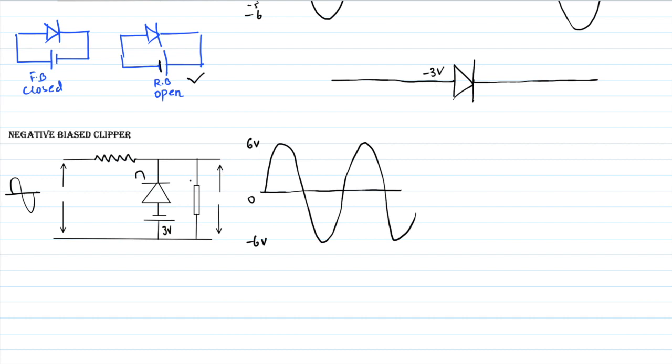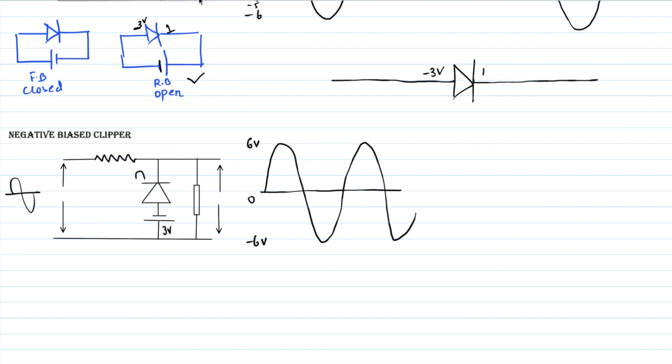When the positive input is 1 volt, it is connected to the cathode. So 1 volt is connected to the cathode, and the anode is at minus 3 volts, which is not changing. In this case, the diode will become open.